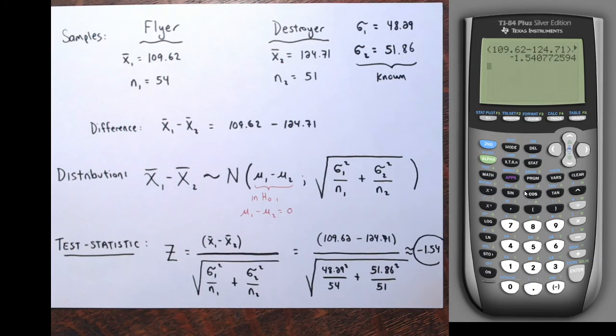Then we would determine, is this far enough away, or is this z-score in a rejection region if you're doing the critical value method, or you'd find the p-value if you're doing the p-value method, then compare the p-value to the significance level alpha, make your decision about the null hypothesis, do you reject it or not, and then you write a conclusion.